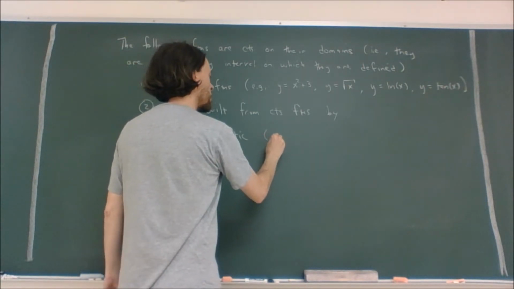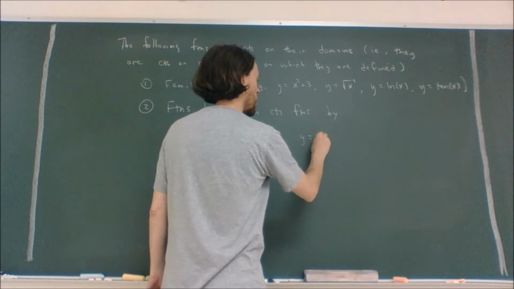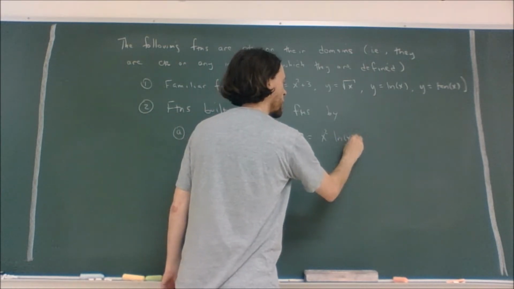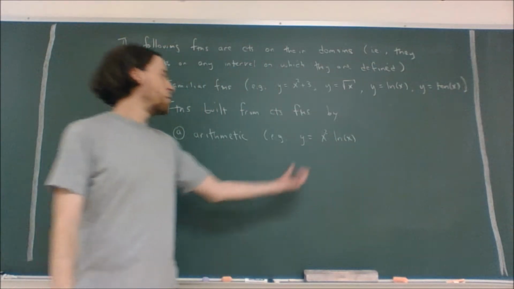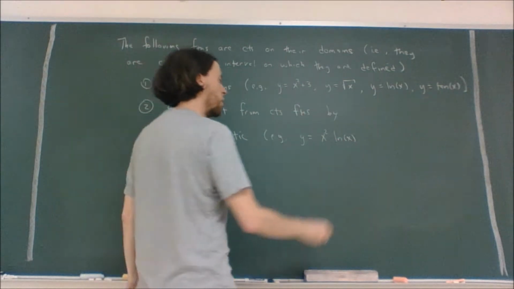And so, for example, y equals x squared times natural log of x is built from this continuous function and this one by multiplication.